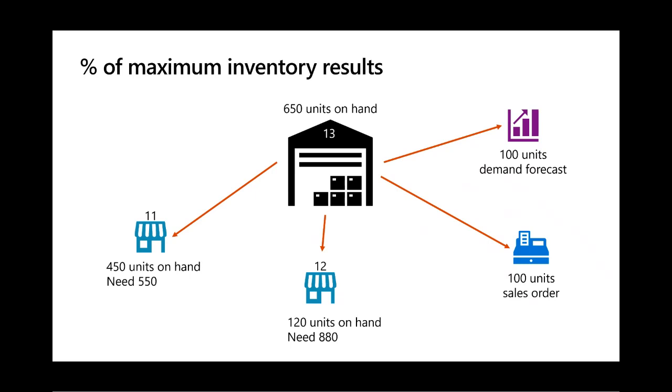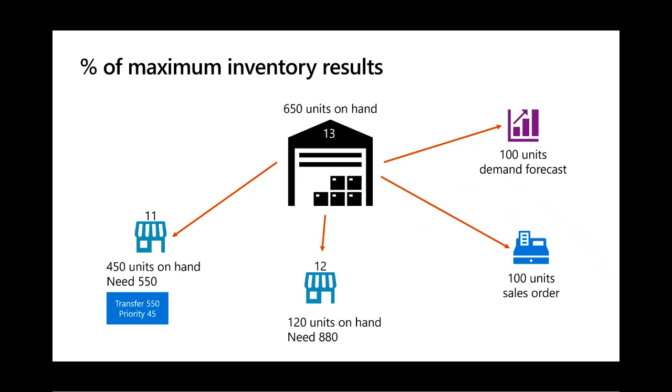So we will get a transfer requirement for a quantity of 550 to take us back up to the maximum and a priority of 45. Just a reminder again that we will not trigger a transfer requirement with priority-based planning unless the projected on-hand inventory is below the reorder point.